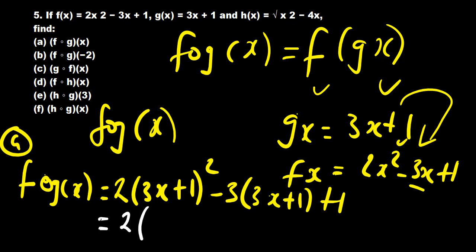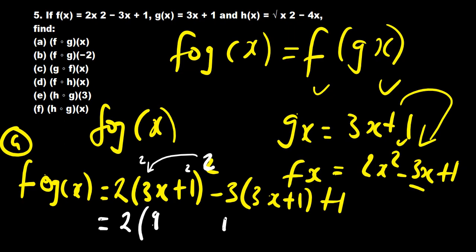So we do it quickly: make 3 squared and 1 squared. 3 squared is 9, and at the end 1 squared will be 1. Then in the middle, 2 multiplied by 3 is 6.